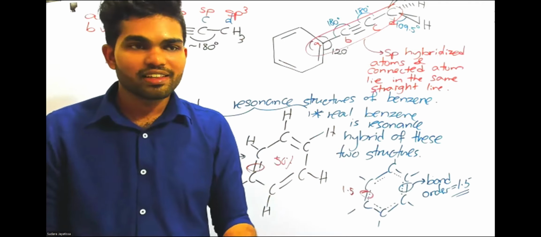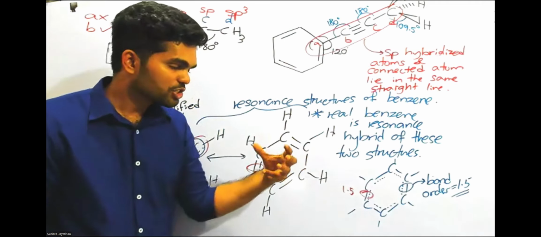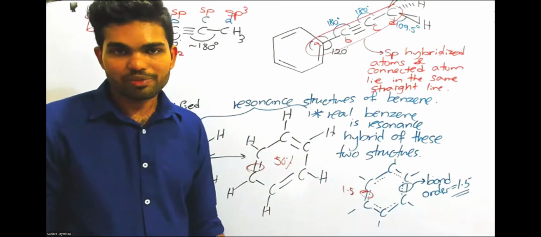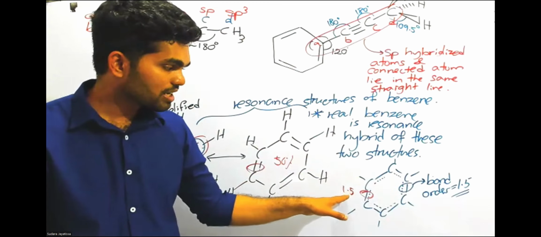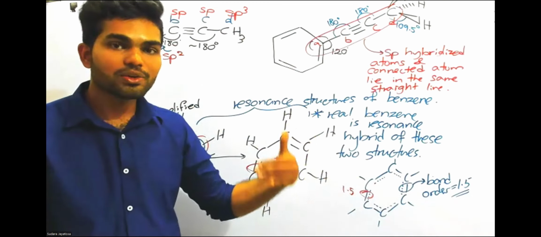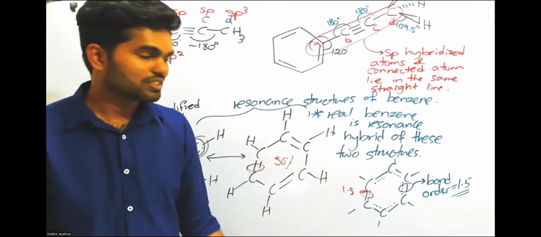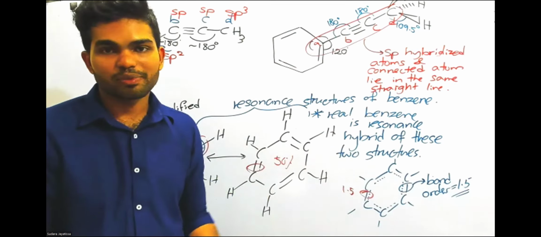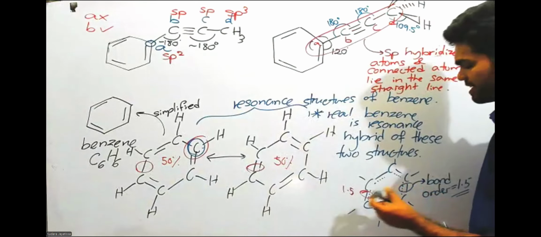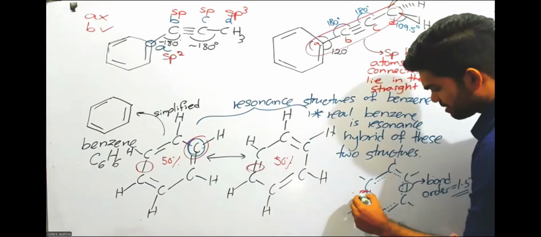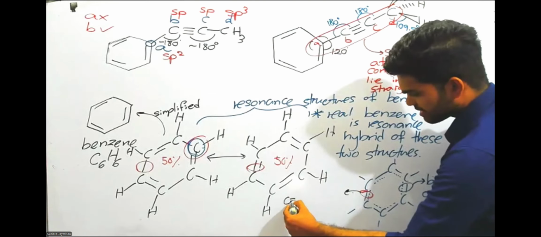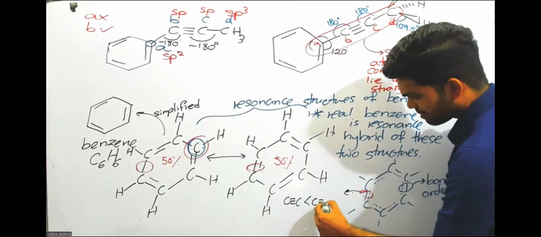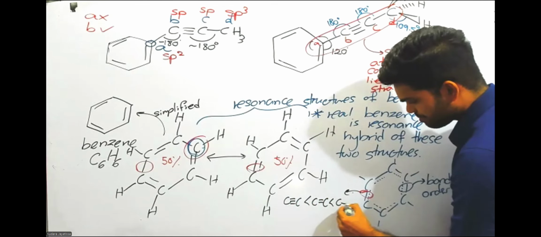Therefore, your triple bond is shorter than the benzene bonds, because in benzene you have 1.5. Even these benzene bond lengths are shorter than a single bond but longer than a double bond or triple bond. That's what you need to understand. If you arrange them in order, you can say the triple bond, then the double bond, then you have the benzene partial pi bond.